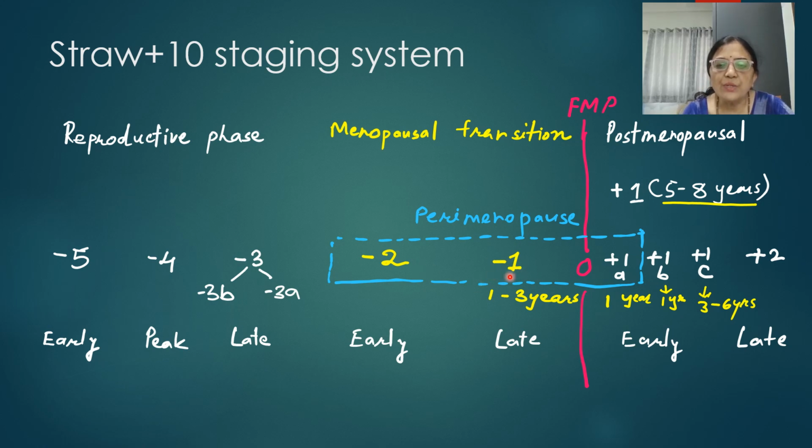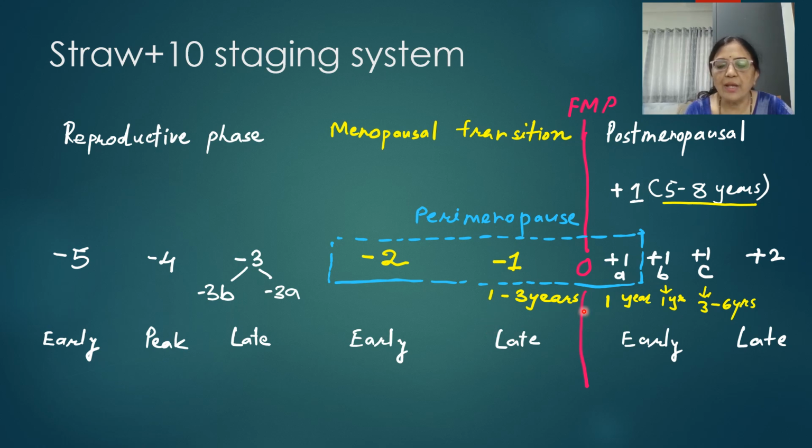Now this -1 is the late menopausal transition, after which the final menstrual period takes place. The duration of this late menopausal transition has been defined by the STRAW plus 10 system as 1 to 3 years.